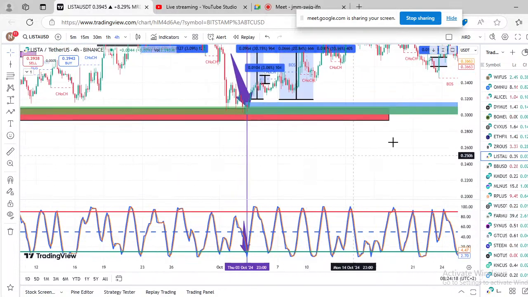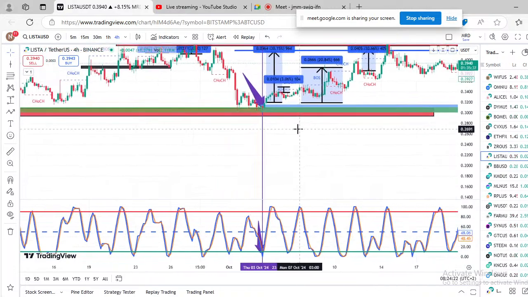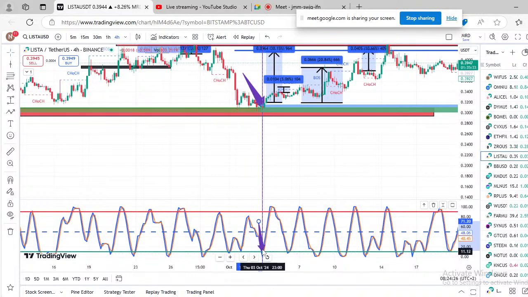So we can look at this point where we entered from last time. I was showing you that at this arrow here, the market was down according to the RSI, completely down.